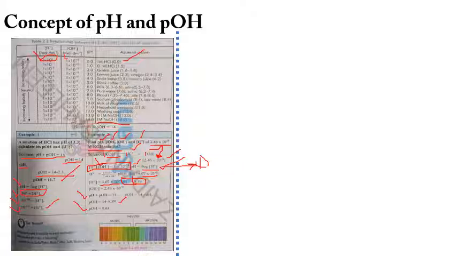Now, in the figure, when we find the pH through pH paper, these colors are for acidic and these colors for basic: dark blue for basic, dark red for acidic and green for neutral. Now you have to remember this.